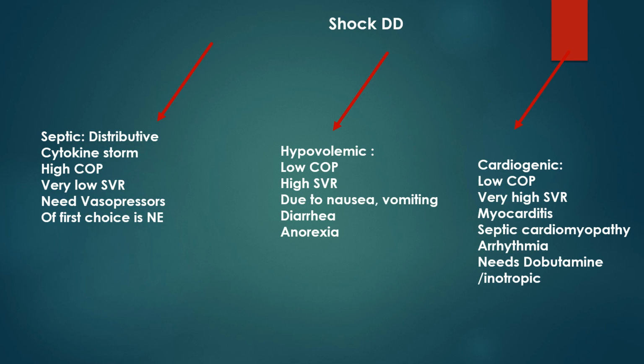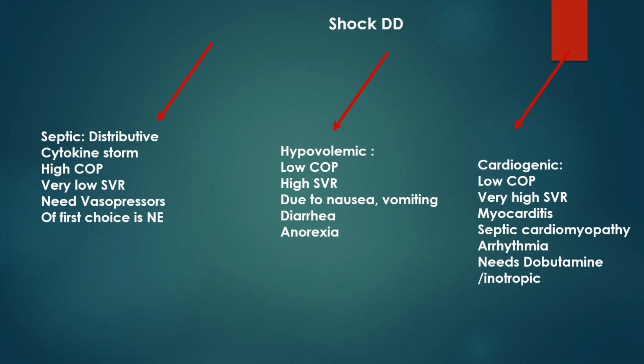The treatment of choice here is very straightforward: you have to control this cytokine storm using anti-inflammatories, with a role for steroids, and vasopressors are highly indicated here. The first line of choice is norepinephrine.